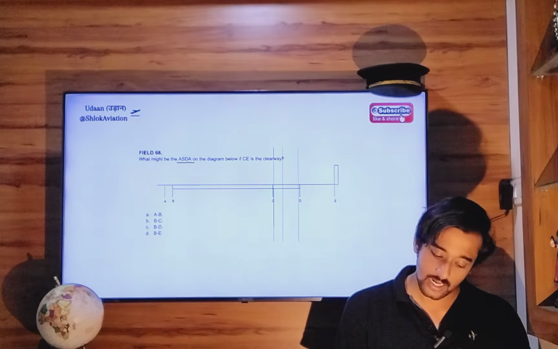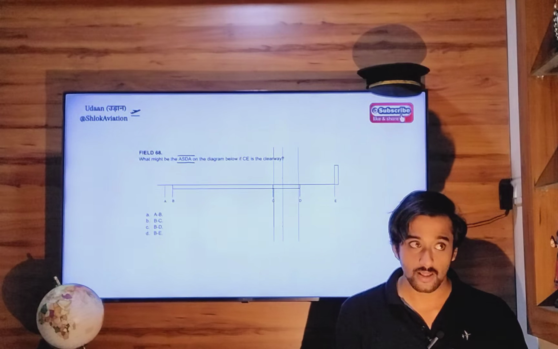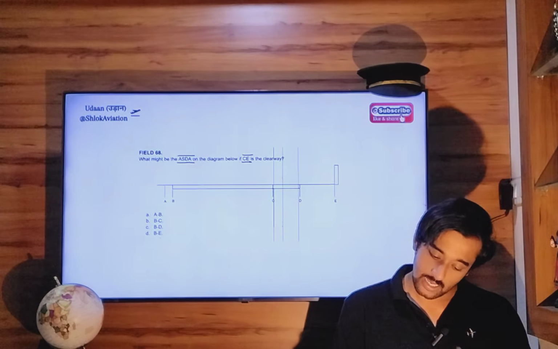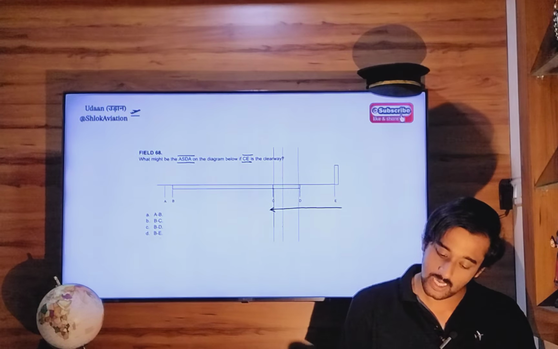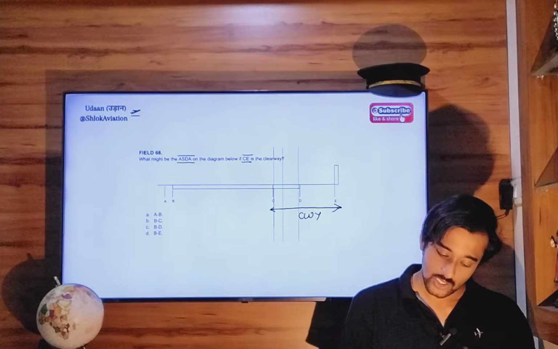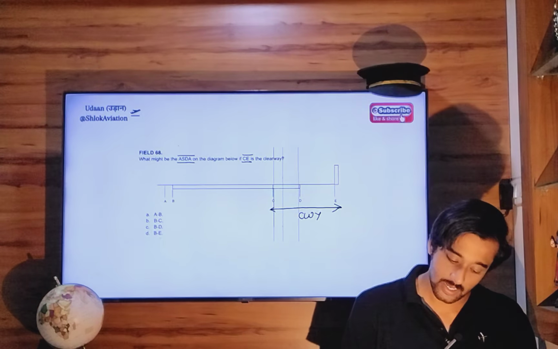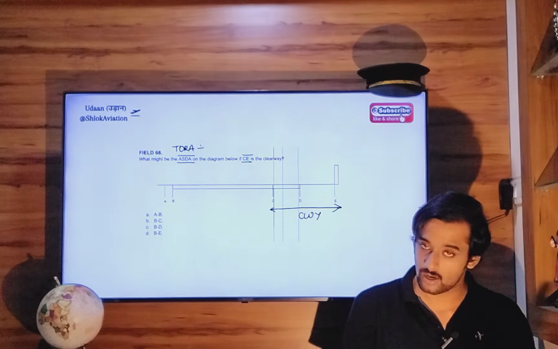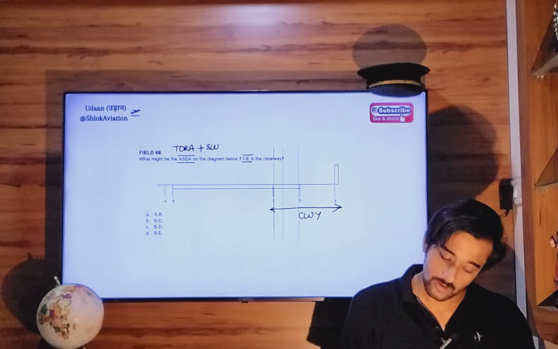Next. What might be the accelerate stop distance available if Charlie Echo is the clearway? So this Charlie Echo CE is your clearway. So what is accelerate stop distance? Now accelerate stop distance is takeoff run available plus stopway.